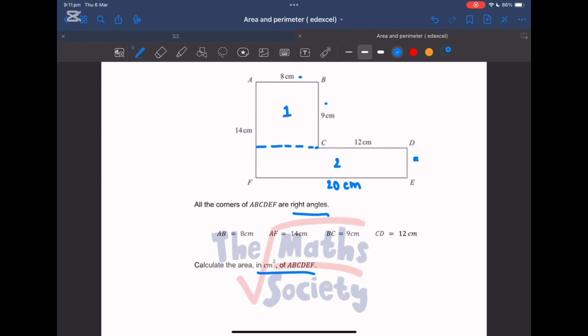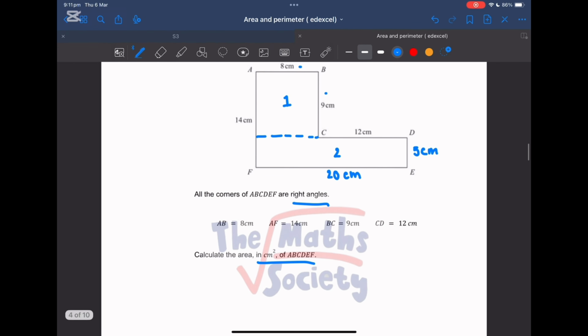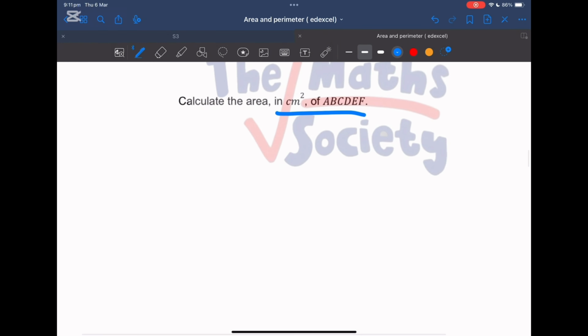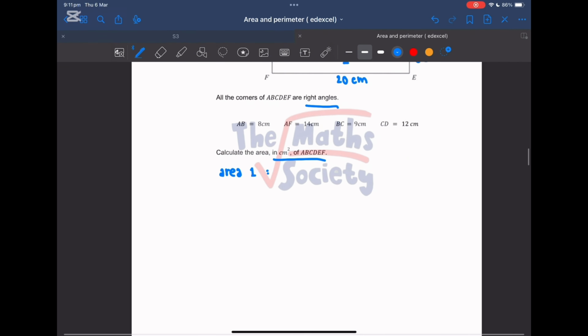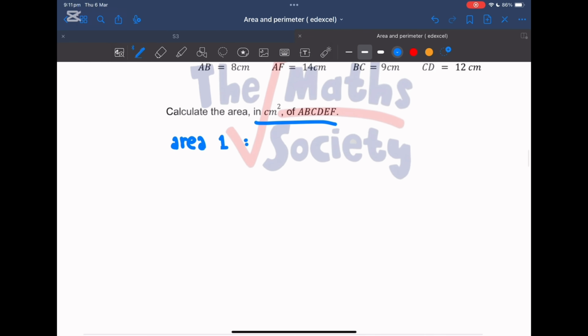Okay, so now for area 1, I think it was 8 multiplied by 9, yep, which will give you 72 cm square.